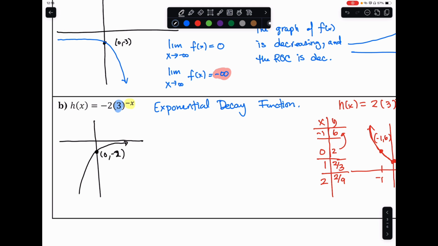And all your y values would just simply be the opposite. At -1, the y value would be -6. At 0, your y value would be -2. And 1 would be -2/3. And at 2 would be -2/9.